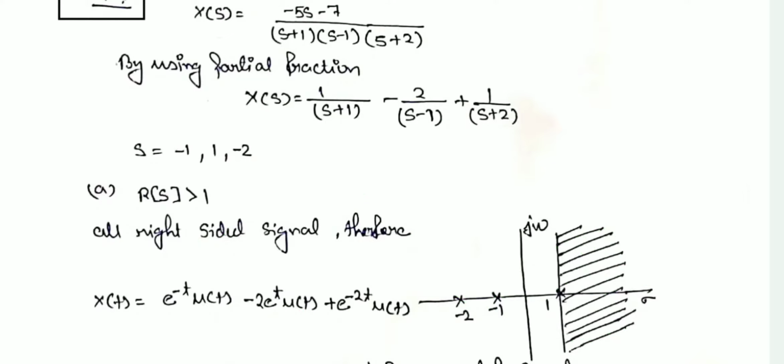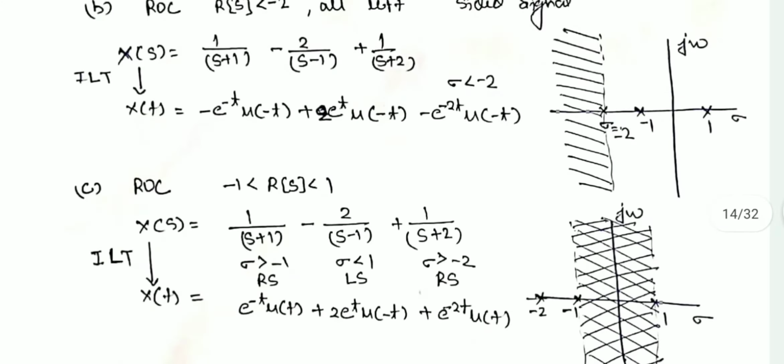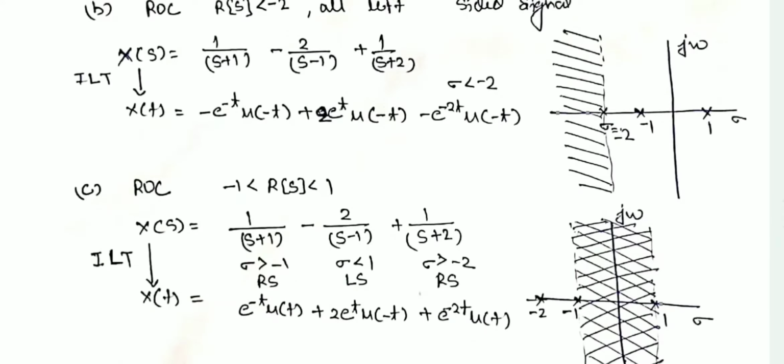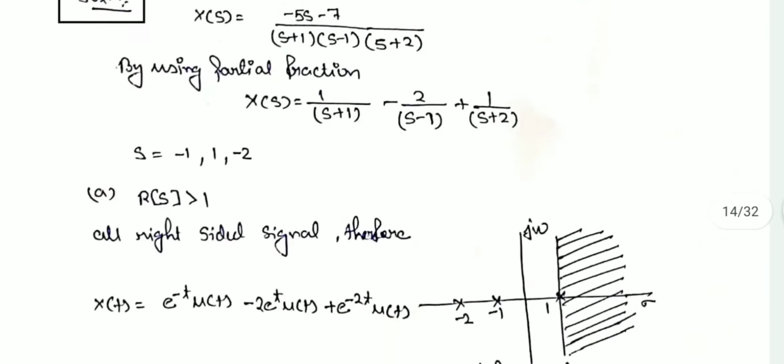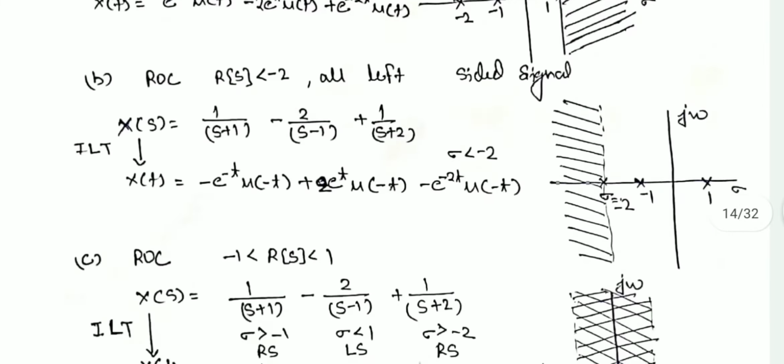In the second case, our case is if sigma is less than minus 2. The poles are at s equal to minus 1, s equal to 1, and s equal to minus 2.